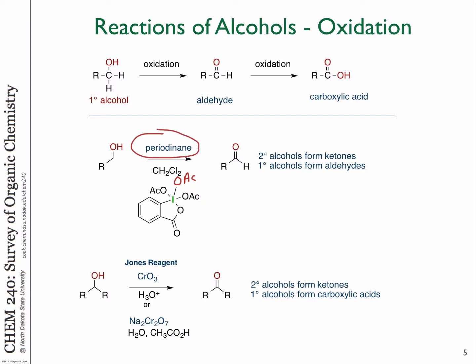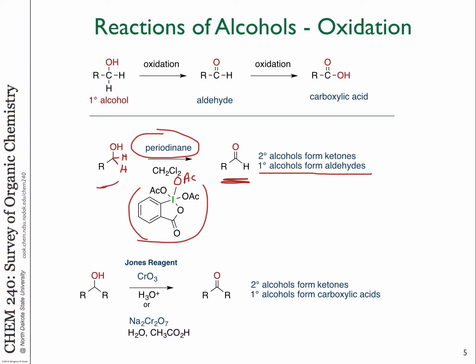So it stops at one oxidation, regardless of whether or not we have hydrogens left. So if we have a primary alcohol, in the case I've shown here, there are 2 hydrogens here. If you start with a primary alcohol and react it with a periodinane, here's the structure of periodinane. React it with this periodinane, it takes off one of the hydrogens and makes a double bond to the oxygen, and we stop at the aldehyde stage.